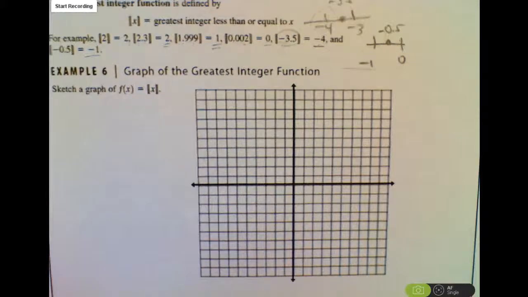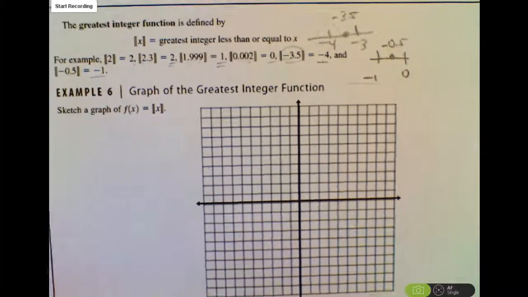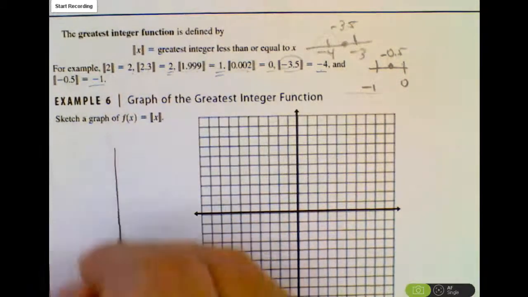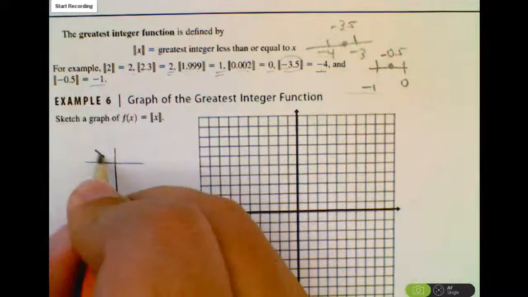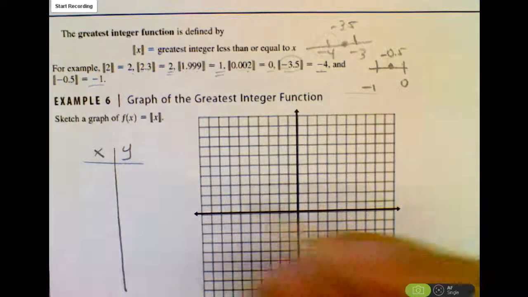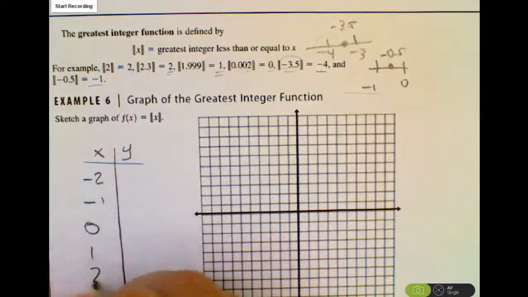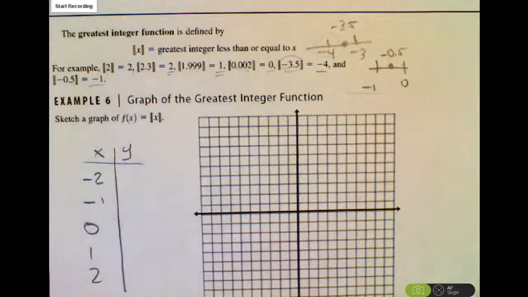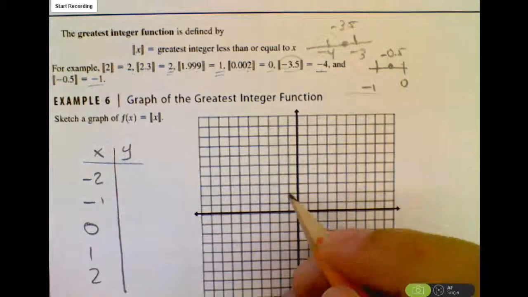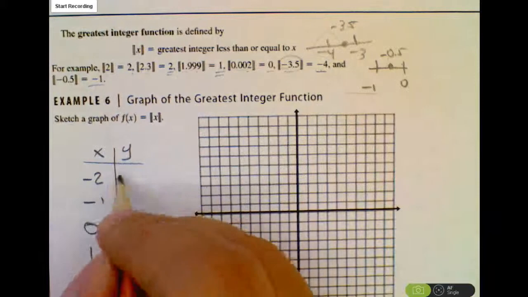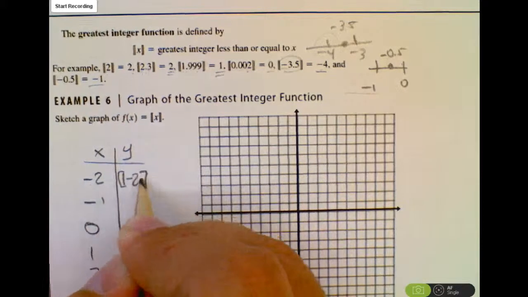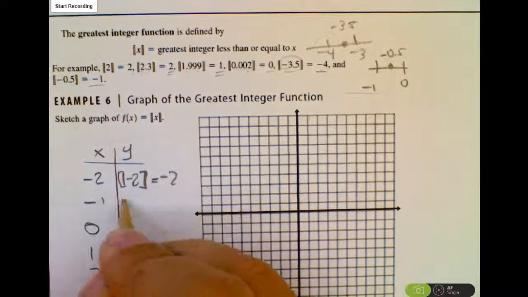So how do we graph a function like this? It's going to have a very funny shape, and then let's try to figure out some numbers. So if I'm writing a table of values where I have -2, -1, 0, 1, and 2, because those are usually the numbers that you pick whenever you have a table of values. Greatest integer of -2, and we went over this, is going to be simply -2.